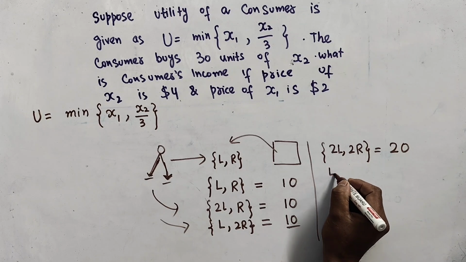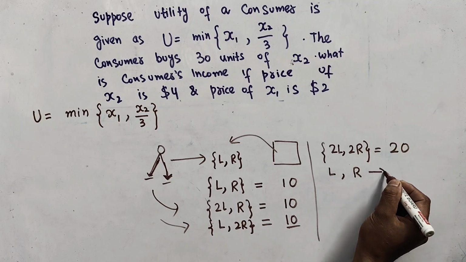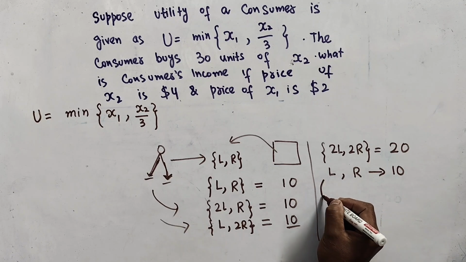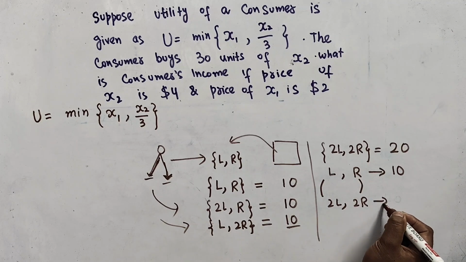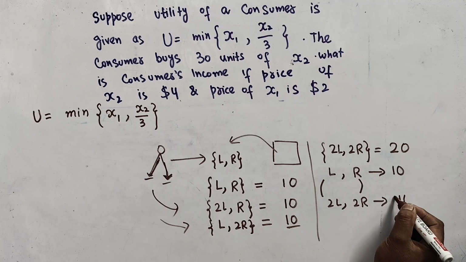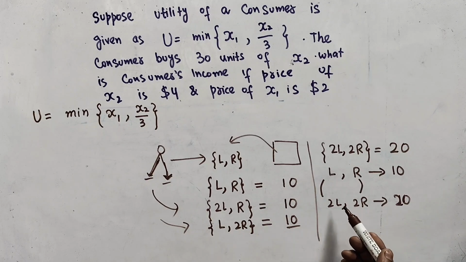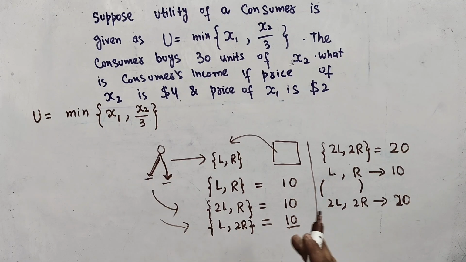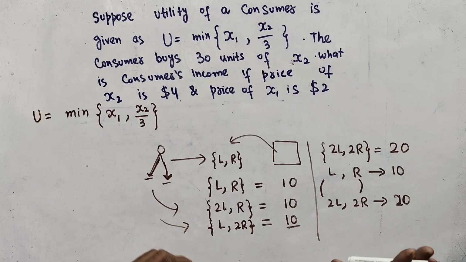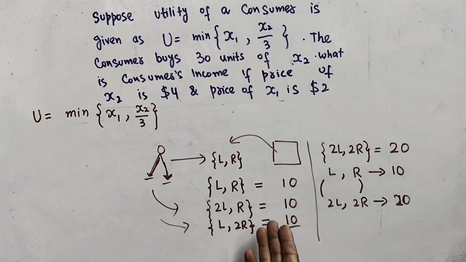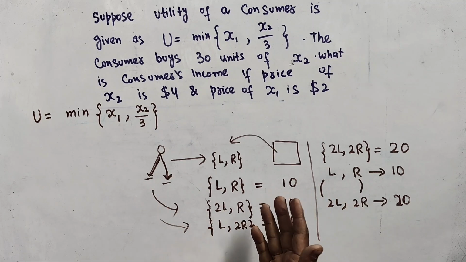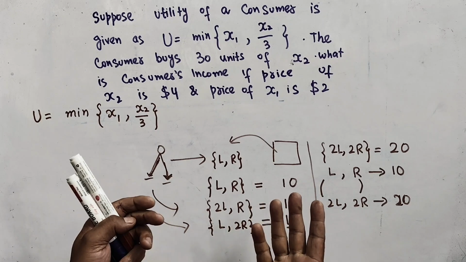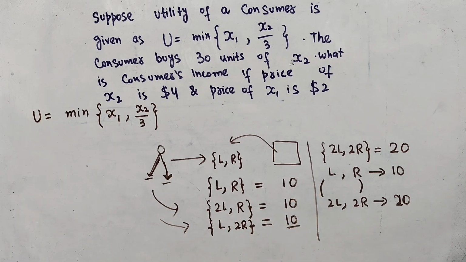That means 1 left shoe and 1 right shoe give him a utility of 10. If we double to 2L and 2R, then only his utility will increase, let us suppose to 20. Increasing 1 unit without increasing the other unit will not increase the utility of the consumer. That is the essence of the Leontief utility function, where the consumer consumes goods in a fixed proportion. Changing the proportion will not help in increasing his or her utility.